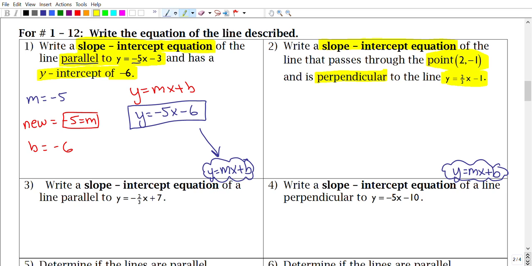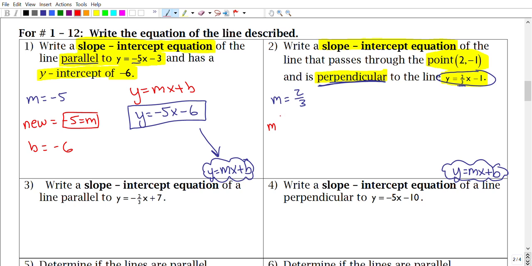Okay, so perpendicular meaning we have to have opposite and reciprocal slopes. So opposite and reciprocal slopes to what? Well, to this. This is my original m, 2/3, because remember this is already in slope-intercept form, guys. So you can identify your slope right away. It's just the coefficient. Okay.